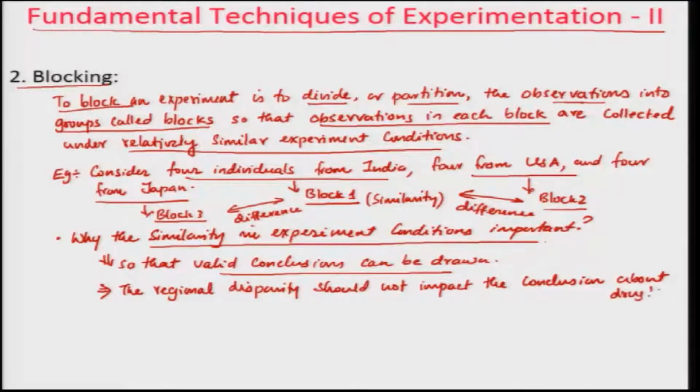Let's say, for example, we only take people from Japan who don't eat that much salt, so their BP would generally be good. And then you try the drug only in Japan and say, oh look, their BP has become normal.